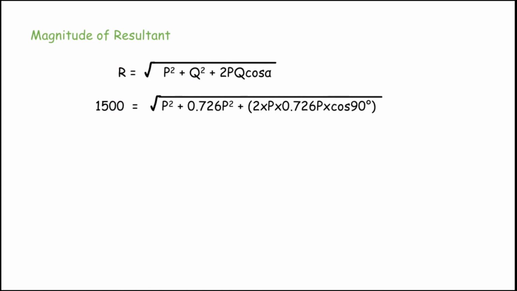Now see cos 90 is 0. The multiplication of 0 with anything is 0. So the whole term becomes 0, and the square root, I transfer to the left side, so it becomes the square. So 1500 square equals P square plus (0.726 P) whole square plus 0.